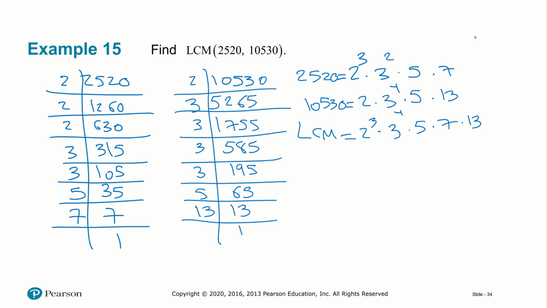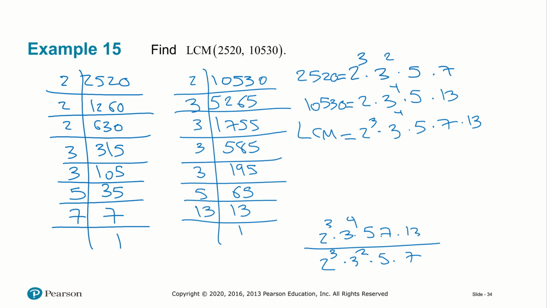In fact, I can demonstrate for you quickly. Like, let's look at the LCM and divide it by the first number. And I'll do it in factored form. So I'm going to divide it by 2,520 in its factored form. See?